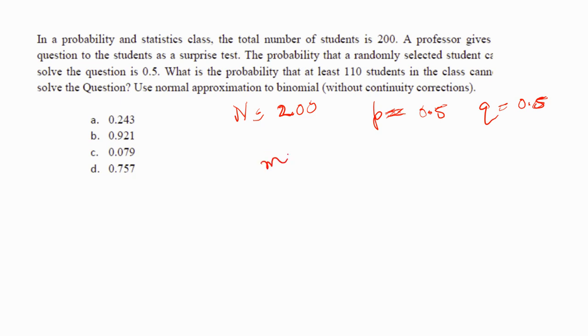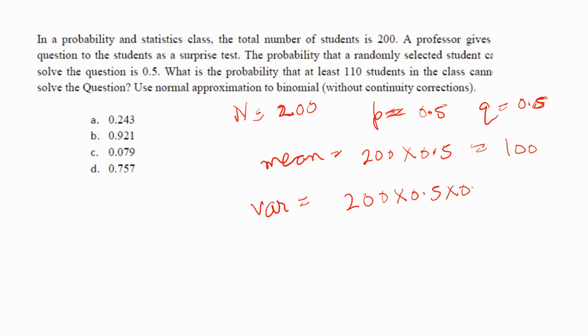So the mean is given by NP, which is 200 times 0.5, which will be 100. The variance is NPQ, so it will be 200 into 0.5 into 0.5. So 100 times 0.5 will be 50.